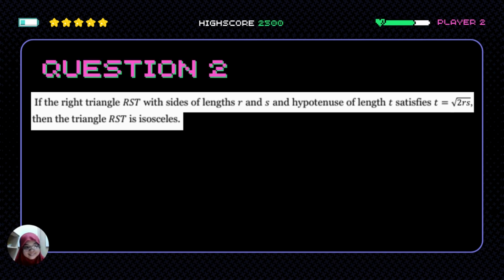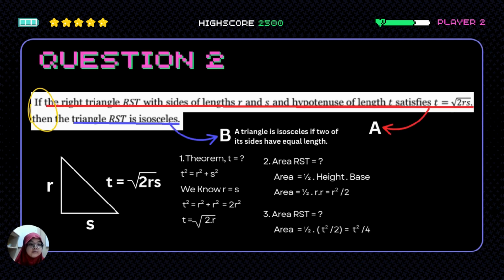Okay, and next we move to question 2. The question: if the rectangle RST with sides of length R and S and hypotenuse of length T, justify T equal to square root 2RS and the triangle RST is isosceles. So we know that from this we get if A then B, and B is what we want to prove.